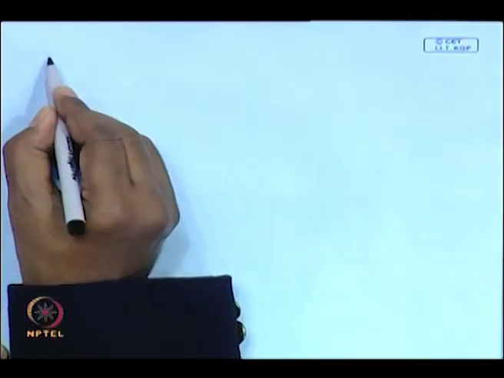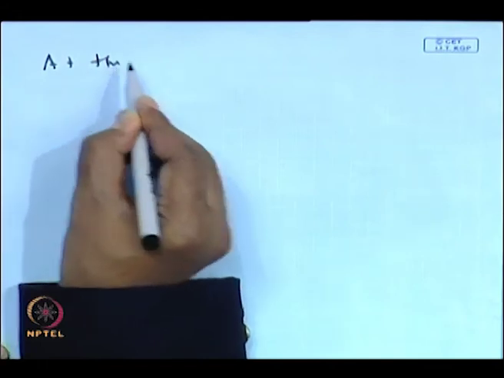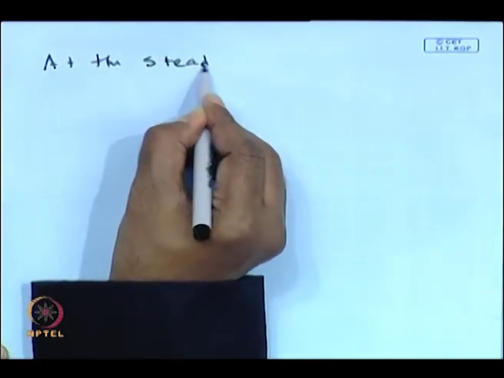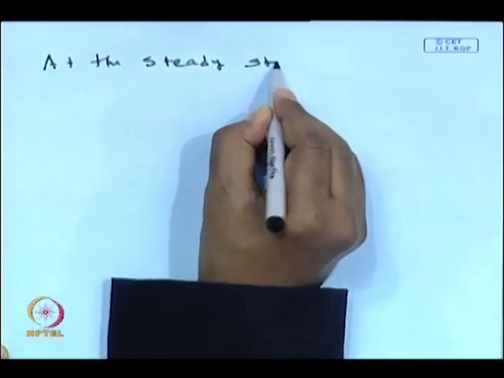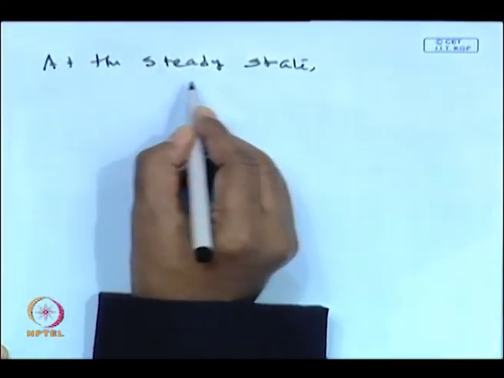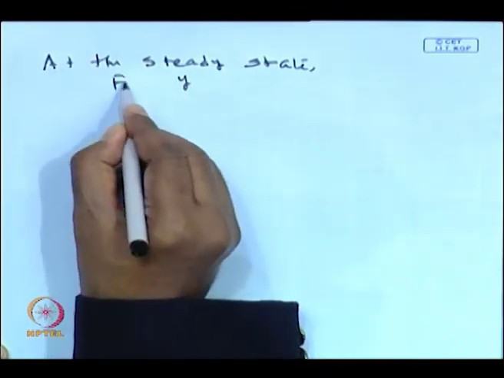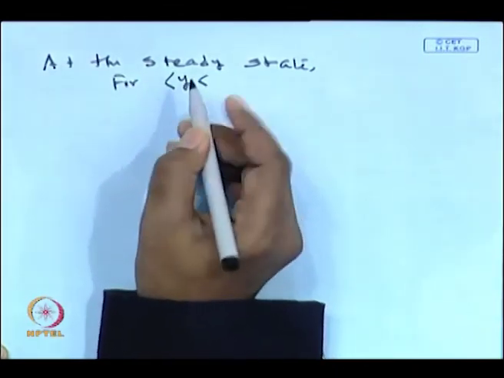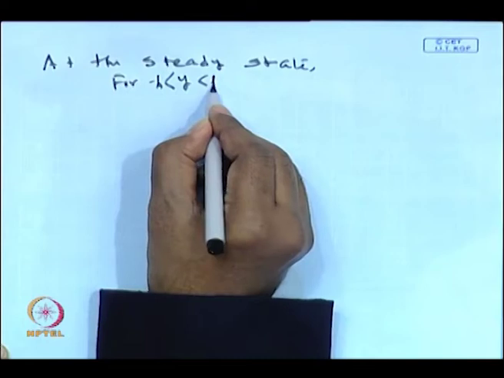Now, at the steady state, we can write down the solute mass balance for y lying between minus h to plus h.